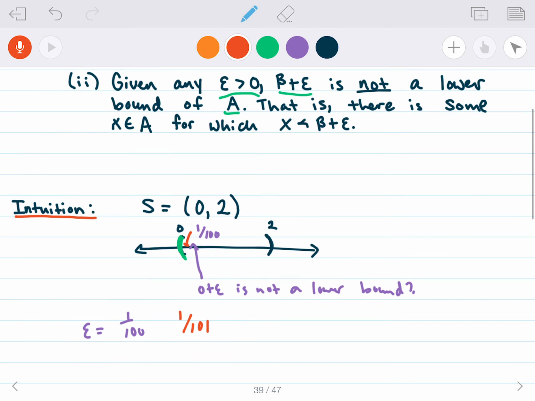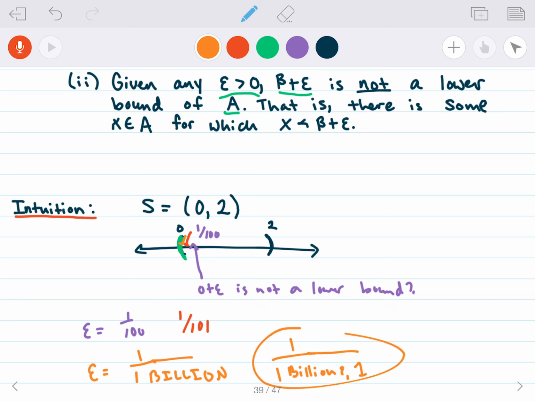And then you could say, well, what about epsilon equals 1 over a billion? And it's really close. I can't even draw it that close, but I can say, 1 over 1 billion and 1 is even smaller than that.